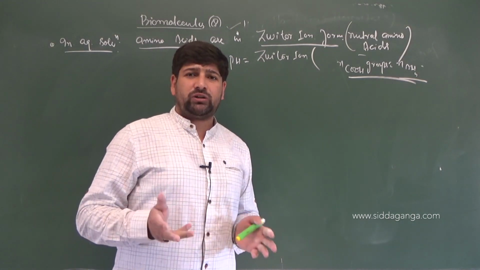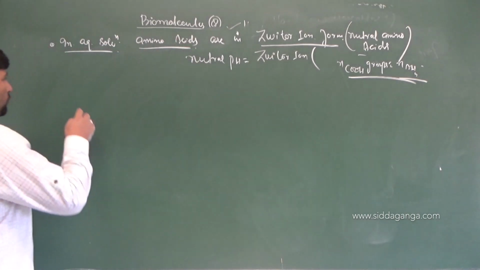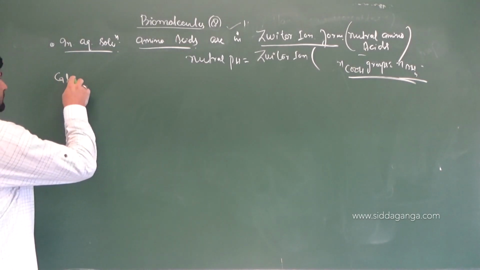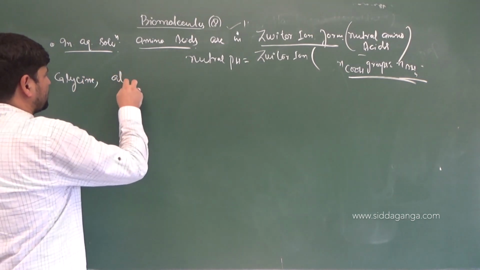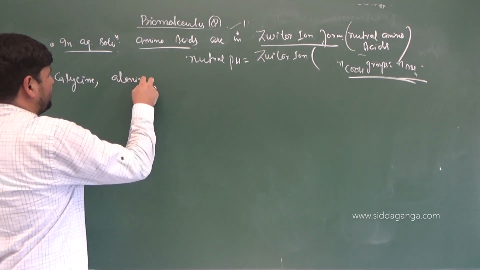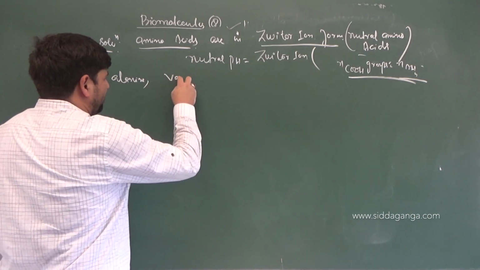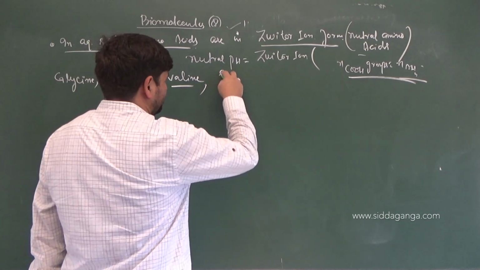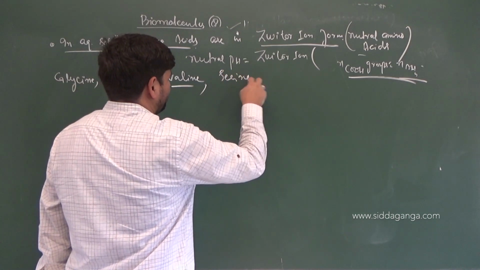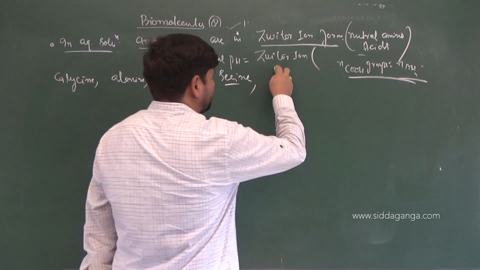We have different neutral amino acids, like glycine, alanine, valine, serine, and cysteine.